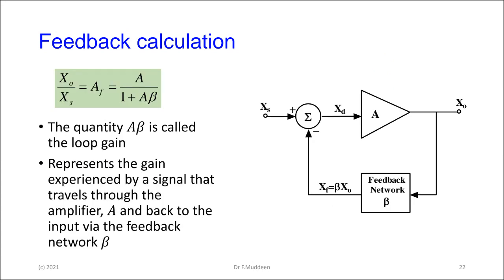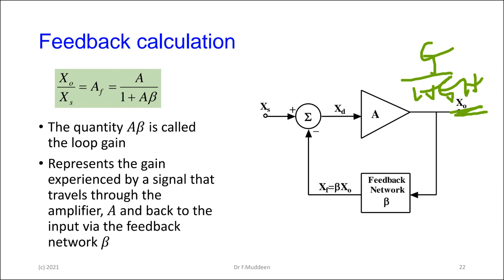The quantity A times beta is normally called the loop gain, right? Even in our own encounter, when we had G over 1 plus GH, you could call that the loop gain, but we tend to be a little more general because we're using it for much more general applications than this.